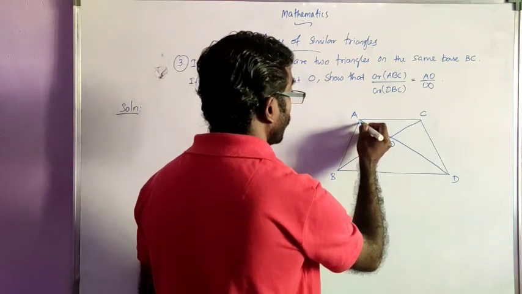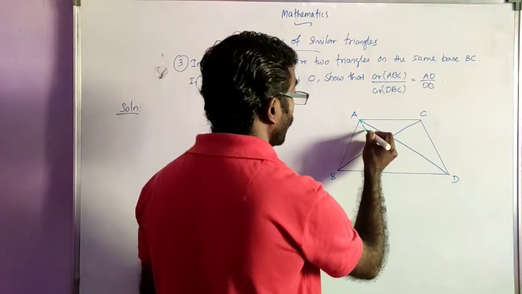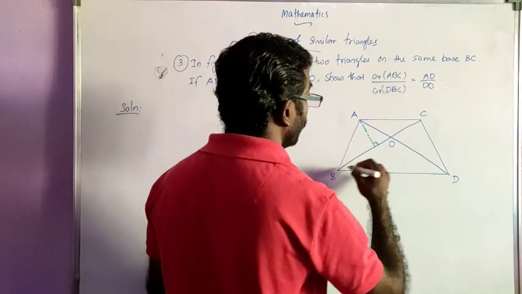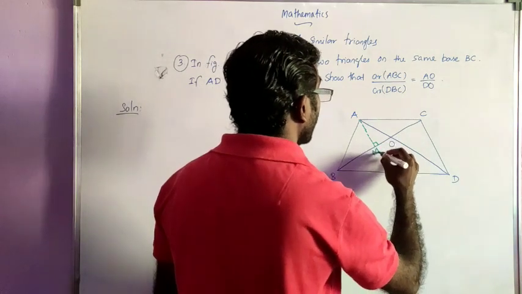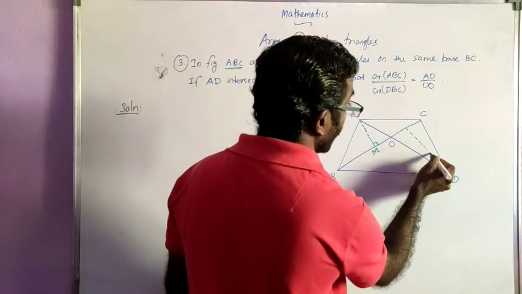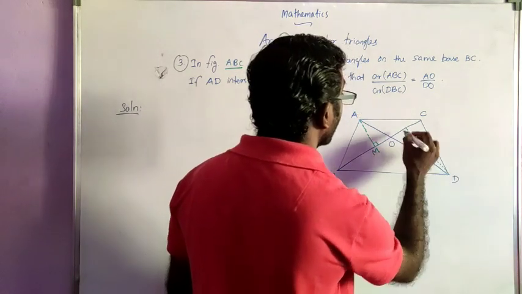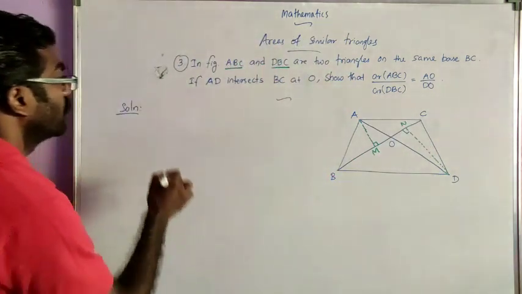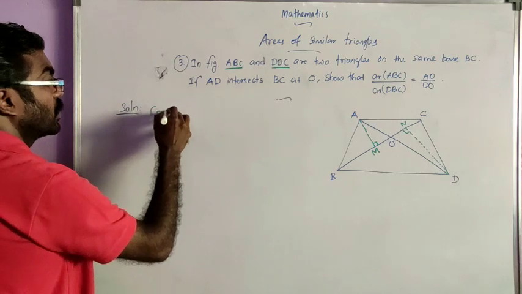Draw a line AM which is perpendicular to BC. Okay. And draw DN perpendicular to BC. So we can write the construction.